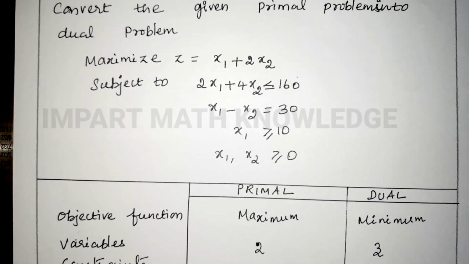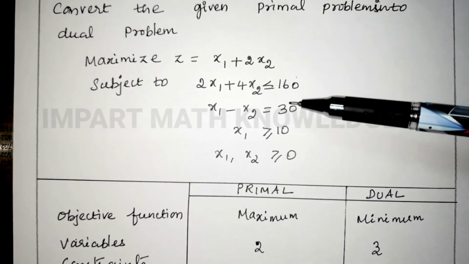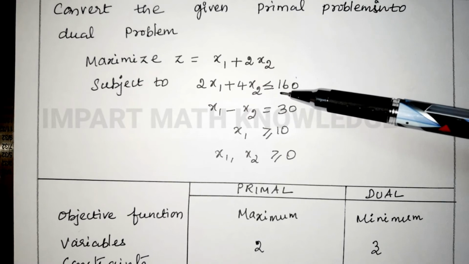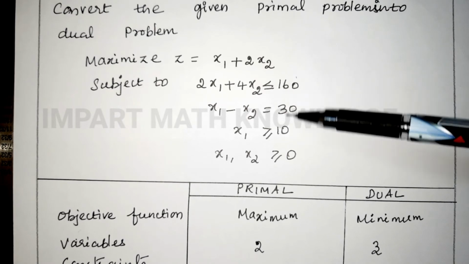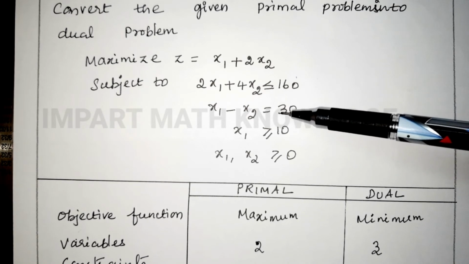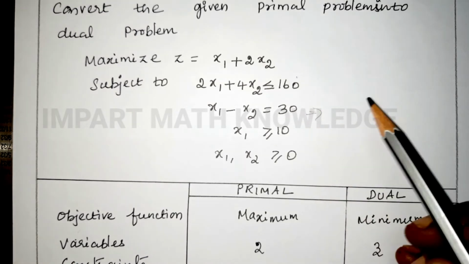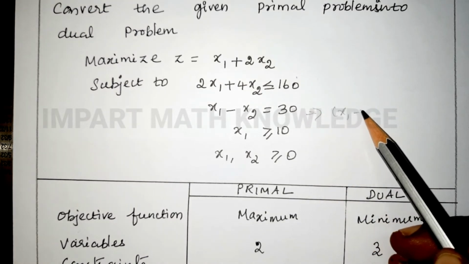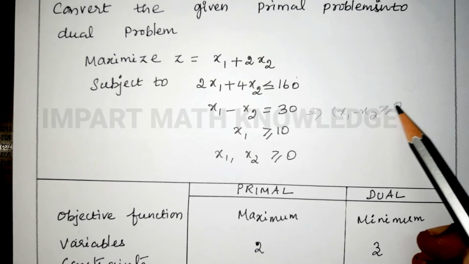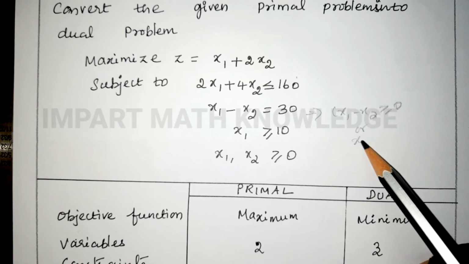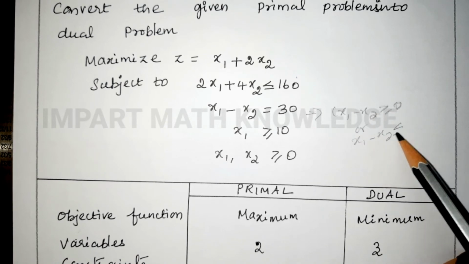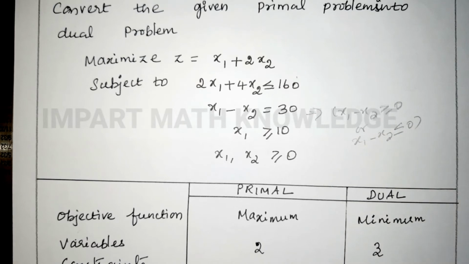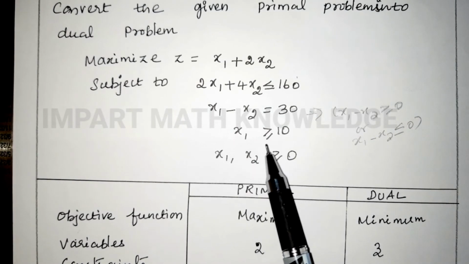Here you see in the question, the first one is less than or equal to, so no problem. The second one is in equality form. This implies that either x1 minus x2 greater than or equal to 0 or x1 minus x2 less than or equal to 0. The third one is x1 greater than or equal to 0.